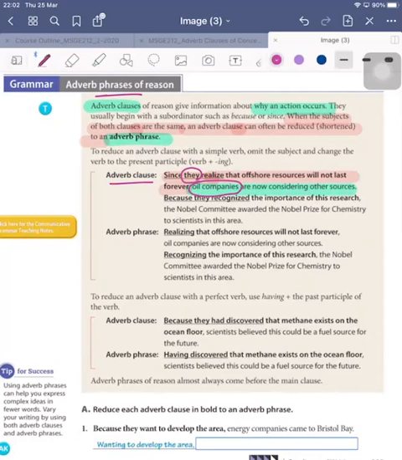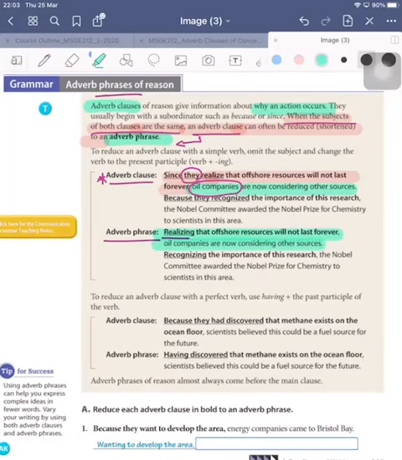Okay. So when it comes to adverb phrase, as I was saying here, if the subjects of both clauses are the same, adverb clause can turn into adverb phrase. So in the example here, the subjects are the same. So of course you can shorten it. You can reduce the form of it. So it becomes: realizing that offshore resources will not last forever, oil companies are now considering other sources.